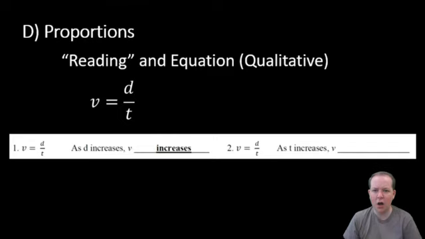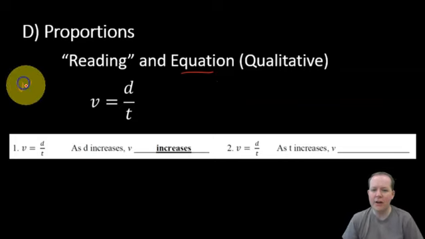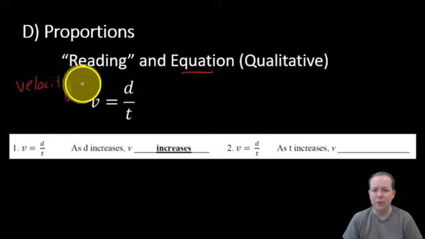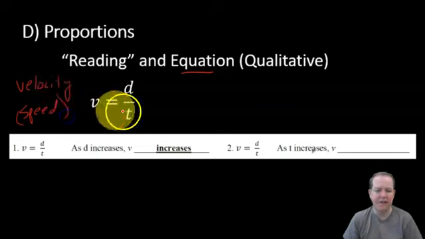The first thing I want to talk about is this idea that an equation tells us information. Equations are kind of like physics stories. This is a story right here in this equation about velocity. Velocity, for this video, is basically the same thing as speed.